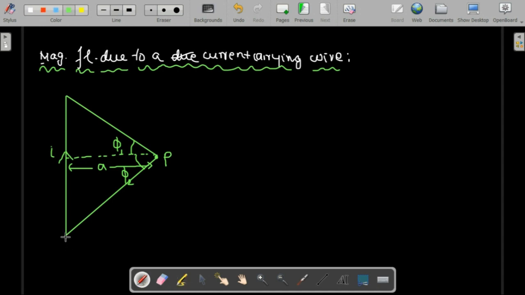Let me extend this a bit more. Maybe we can find out the field at this particular point due to a particular length of the wire. So what I'm going to do is this. Let me modify the diagram a bit.